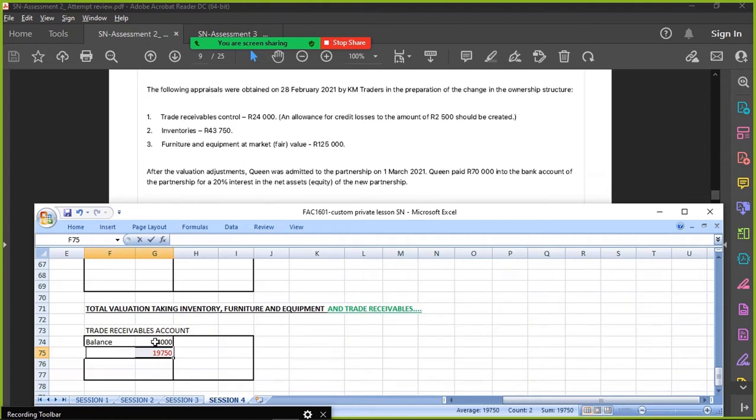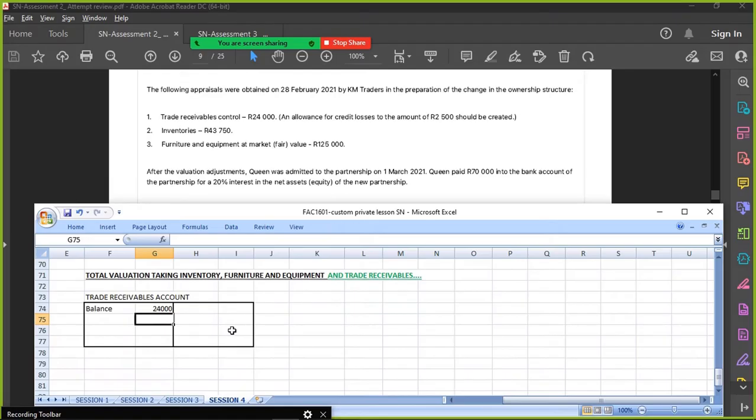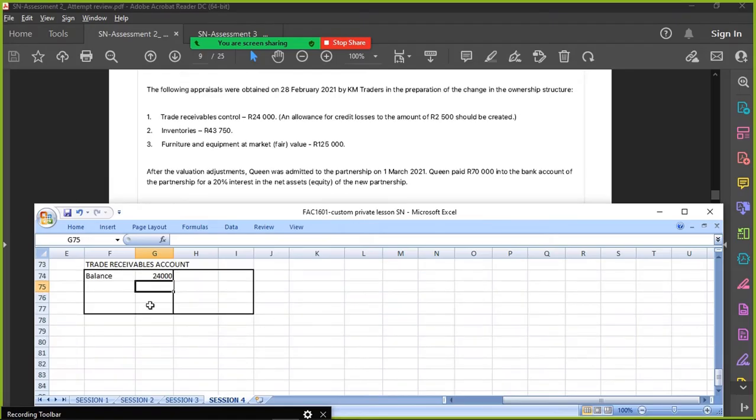So that means this is actually worth less because there's an allowance. Does that make sense? Yeah. So if you're creating an allowance, you're going to be decreasing the value of this asset. The decrease in the value of the asset would go to the valuation accounts.